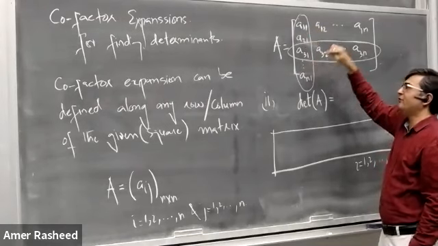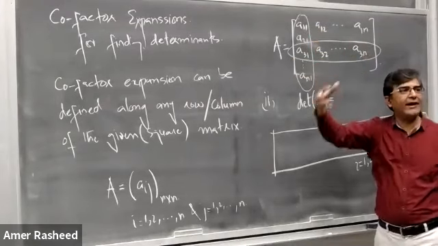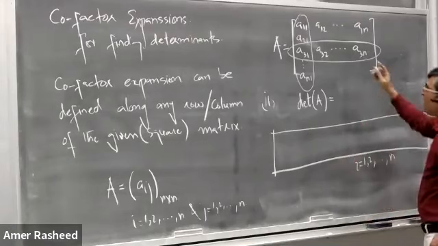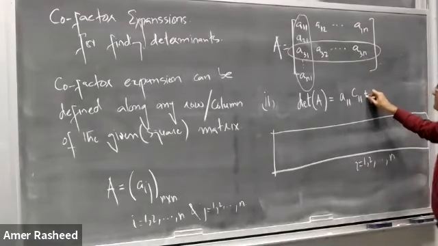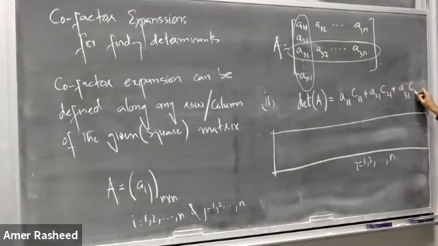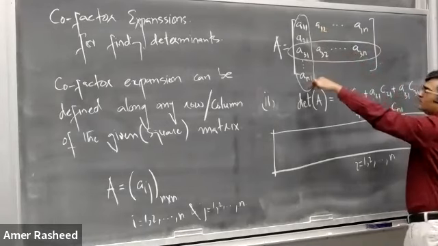The last element you multiply with its corresponding cofactor and add them up. You get the cofactor expansion. So if I'm going to write it: A11, C11 plus A21, C21 plus A31, C31 plus so on. The last element is what? An1, Cn1. Now, this is a cofactor expansion along the first column.